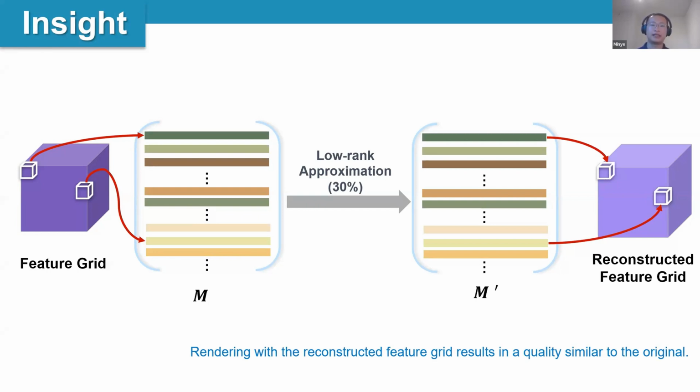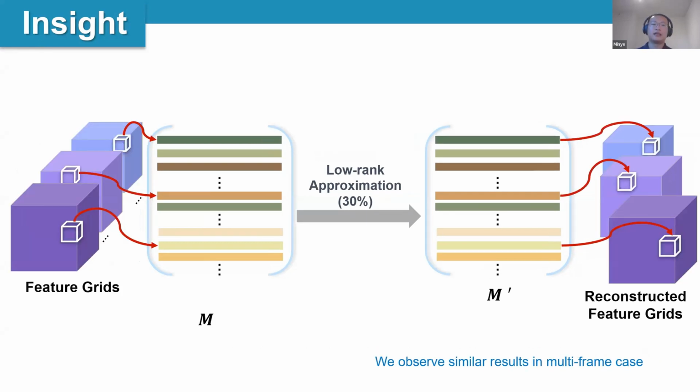This means that once we have the reconstructed feature grid and do novel view synthesis using it, we can still get a very high quality rendering result. We observed similar results in multi-frame cases. So this suggests that there must be some information redundancy in the feature grids.